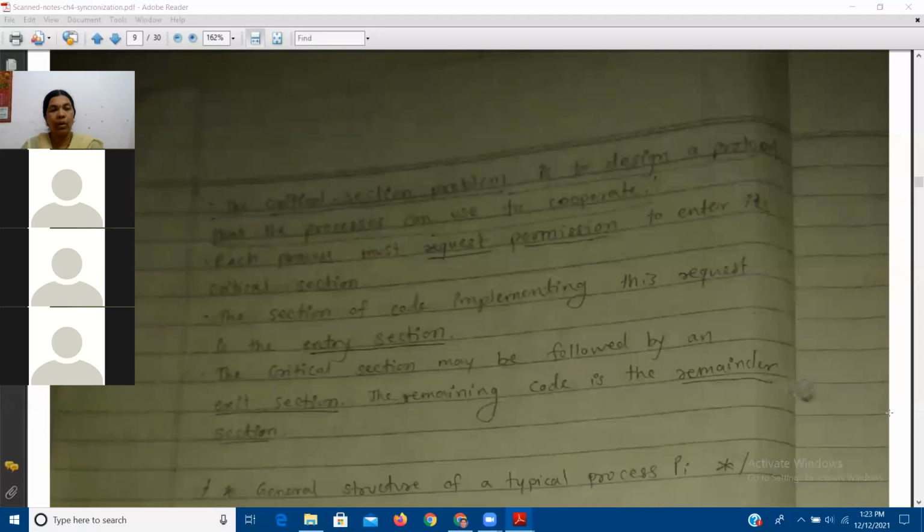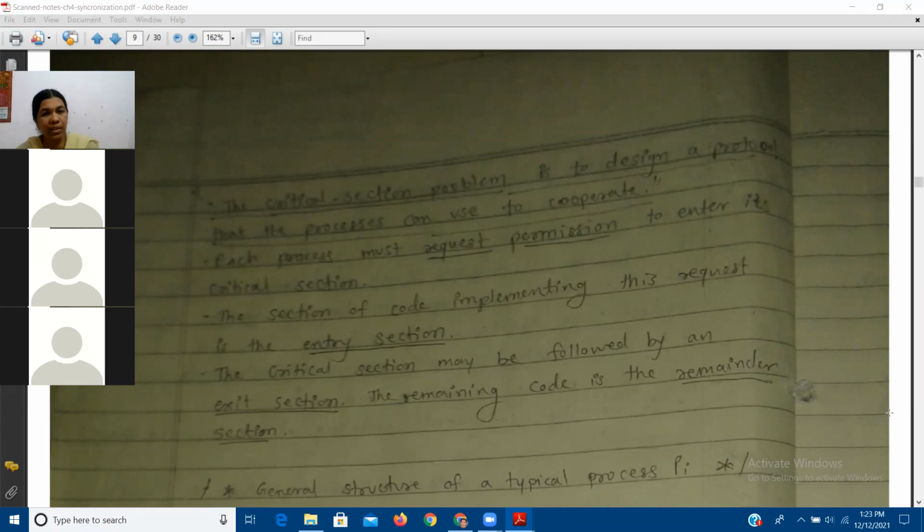Okay, so if you again recall the concept of process, आपण दुसऱ्या चॅप्टर मध्ये प्रोसेसचा कन्सेप्ट क्लिअर केलेला आहे. So by definition, a process is a set of instructions. So how many instructions are there? There are more than one. A few instructions may be related to the request entry section, a few to the critical section, a few to the exit section, and a few to the remainder section.